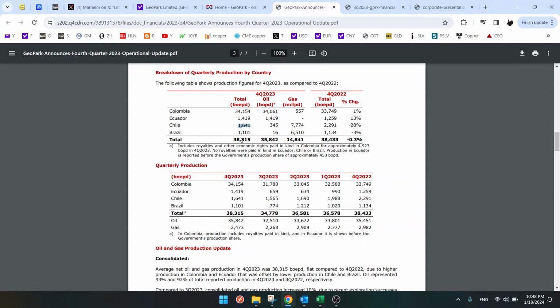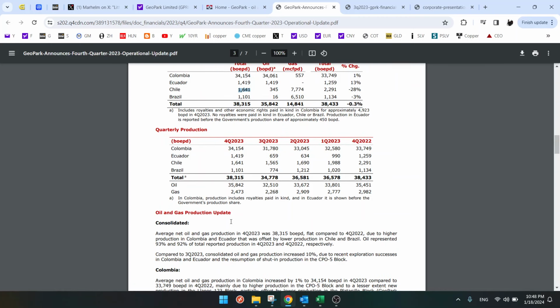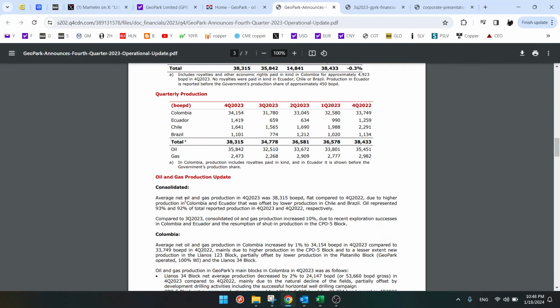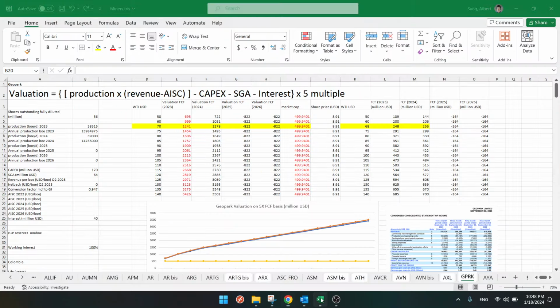Let's say 90%. 93%. Basically just 95% oil.